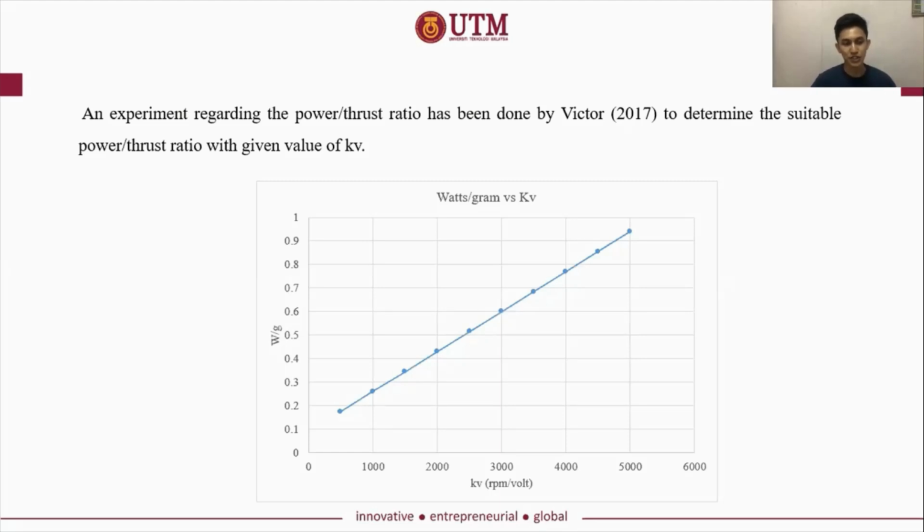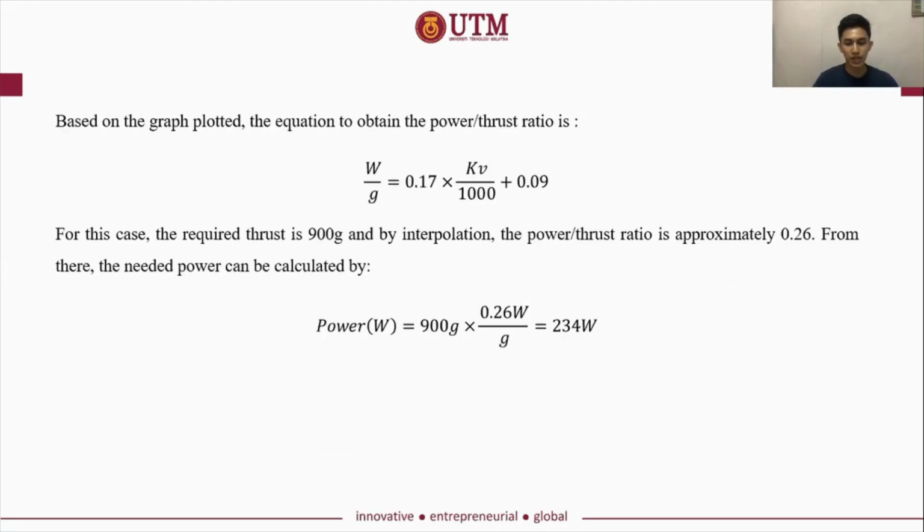And then, how to choose the suitable power to thrust ratio with the given value of kV. This is an experiment that has been done by Victor 2017. Previously, we calculated that our kV of motor is 1000 kV. So from the experiment by Victor 2017, we get the power to thrust ratio of about 0.26.